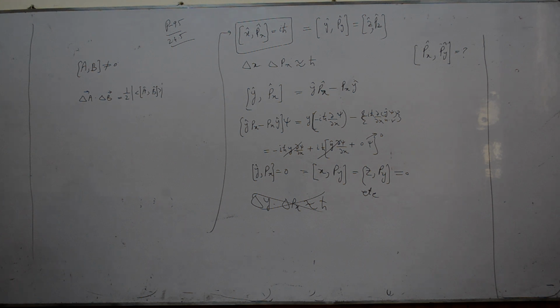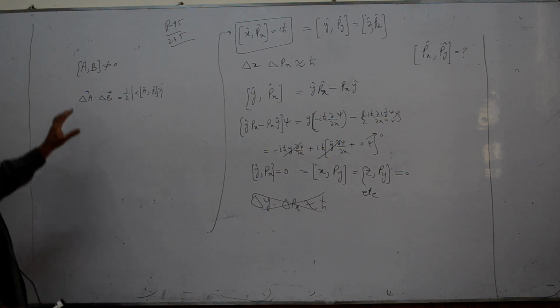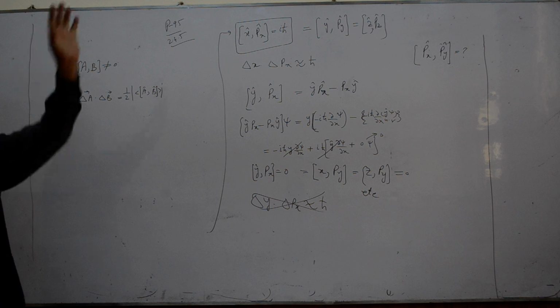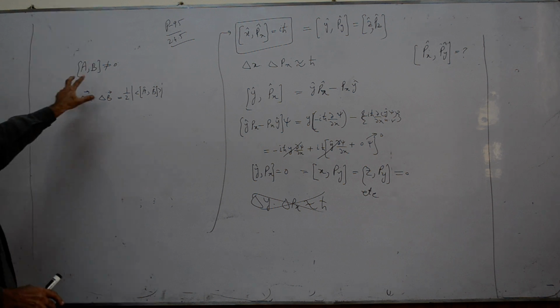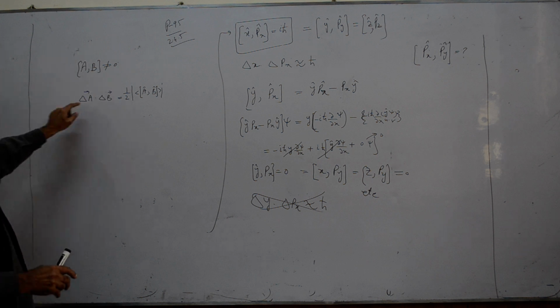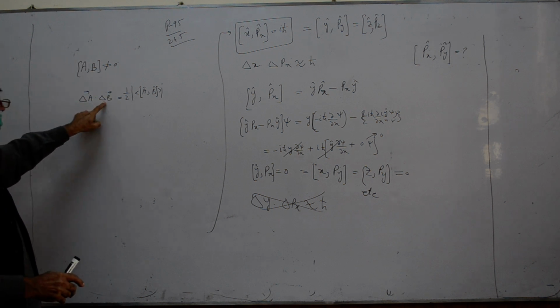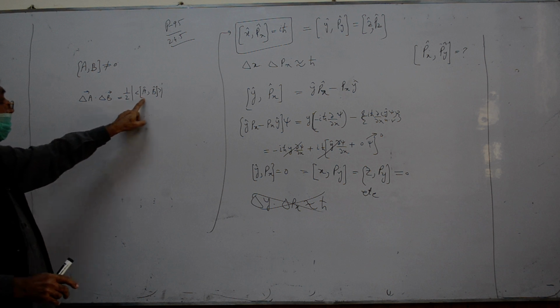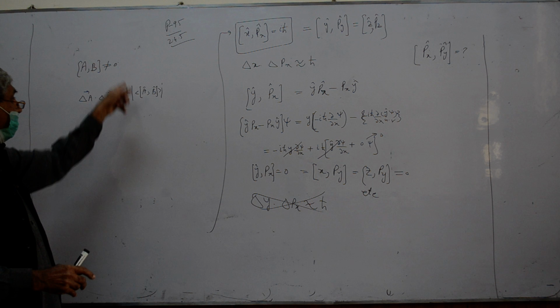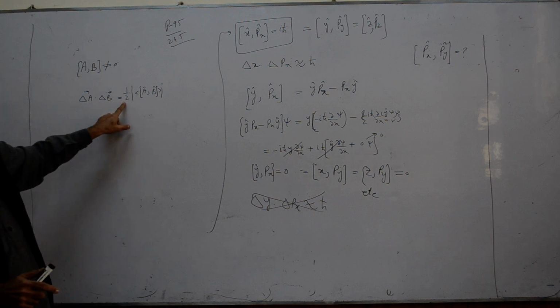You have to have an eye on that. उसको एक नज़र देख लो कि आपको क्या कह रहा है. ओके, how it is being proved. कह रहा है कि if two operators, general operators, I am not talking about momentum and position. He says if there are two any general operators A and B, they do not commute, then delta A delta B is equal to commutator of this, take its average value and then take its modulus, divide by 2.